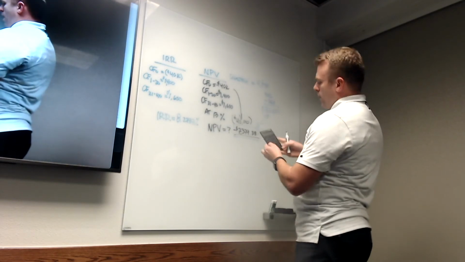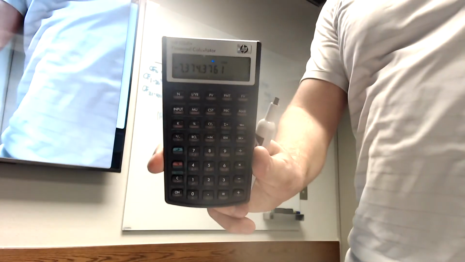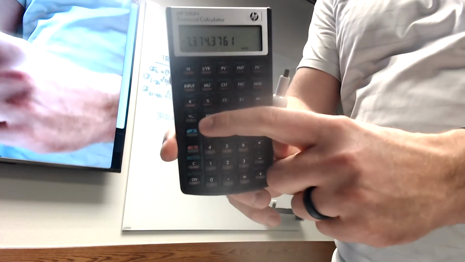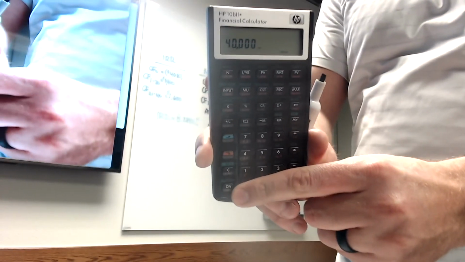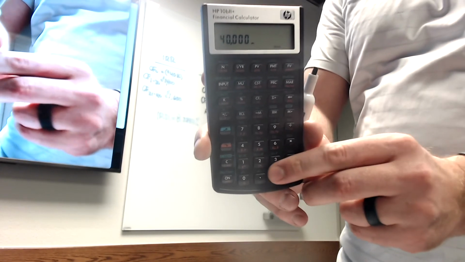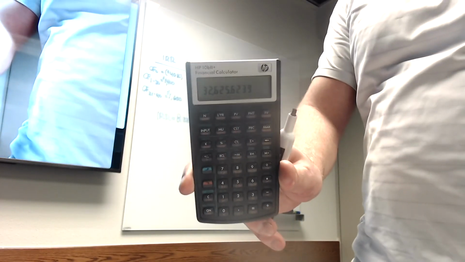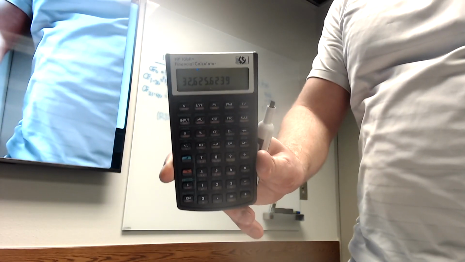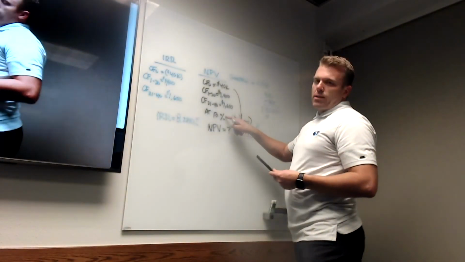Since I already have a negative in my calculator, I'm just going to hit plus, and then 40,000, because it's already in a negative, right? And so that's what the actual true net present value would be, or in essence, that's what we would offer to get our 13% discount rate.